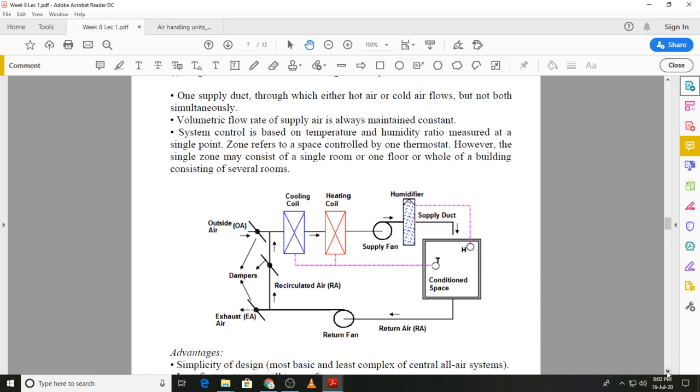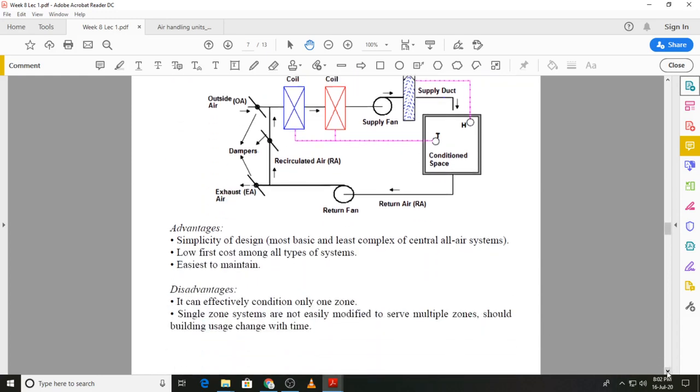It has certain advantages and disadvantages, which are listed over here because it's the simplest of the designs. It has a low first cost and maintenance is easy, but again the restriction is that it can condition only one zone.